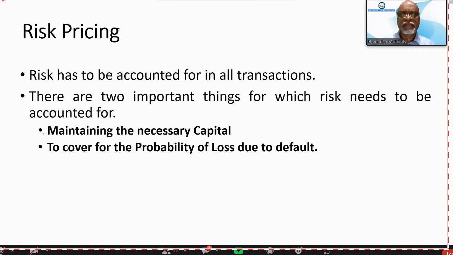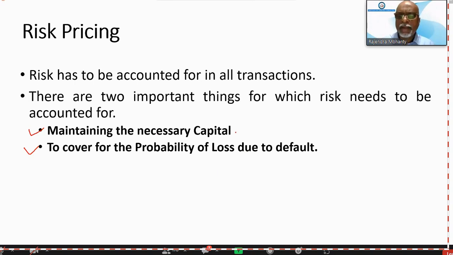First is maintaining the necessary capital. Risk management says that you calculate the capital and maintain the required amount of capital. And second is to cover for all the probability of loss due to default. So these are the 2.